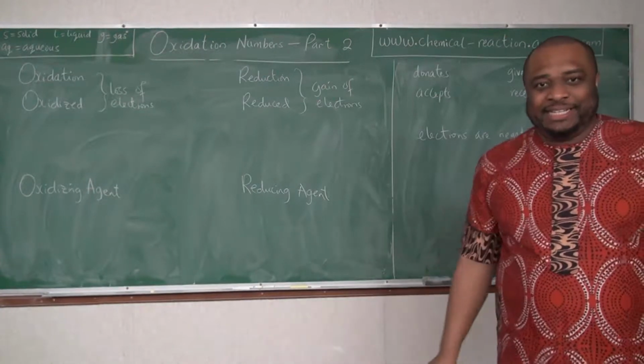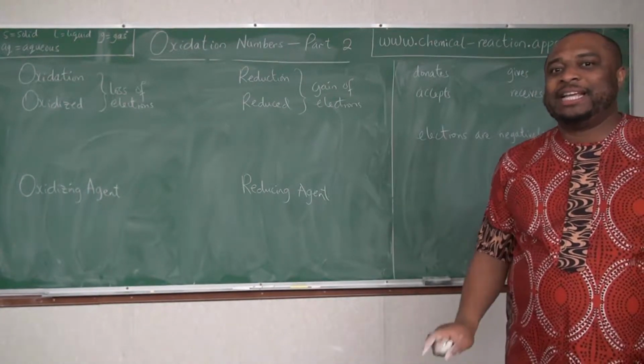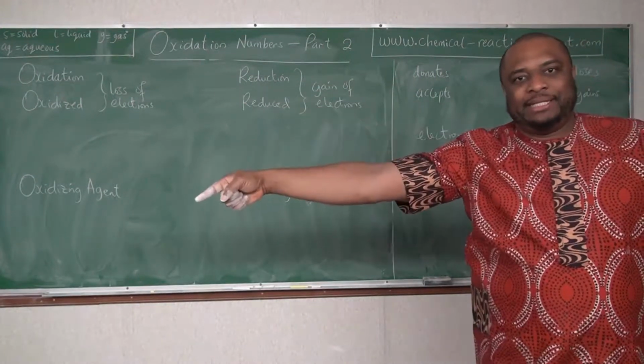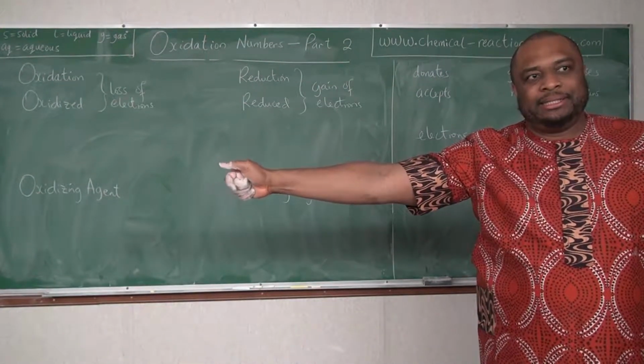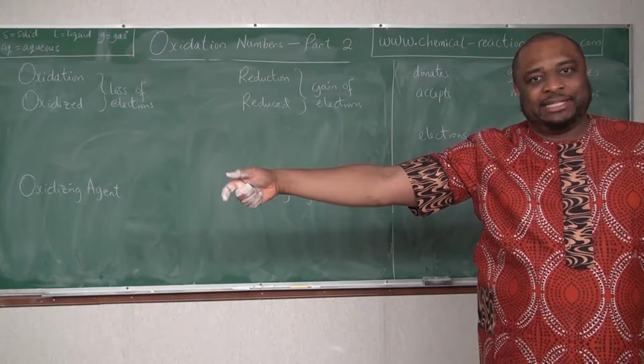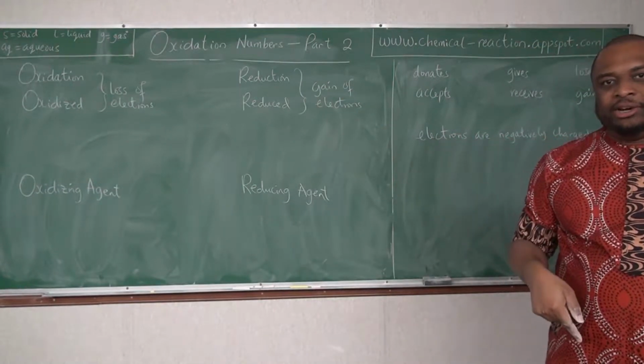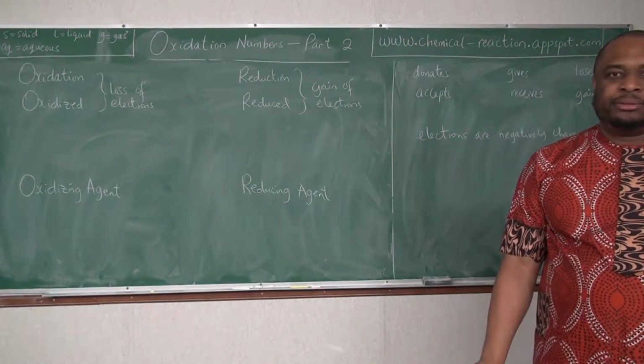An oxidizing agent will cause the other person to be oxidized because it's an agent. And by causing the other guy to be oxidized, he or she becomes reduced.